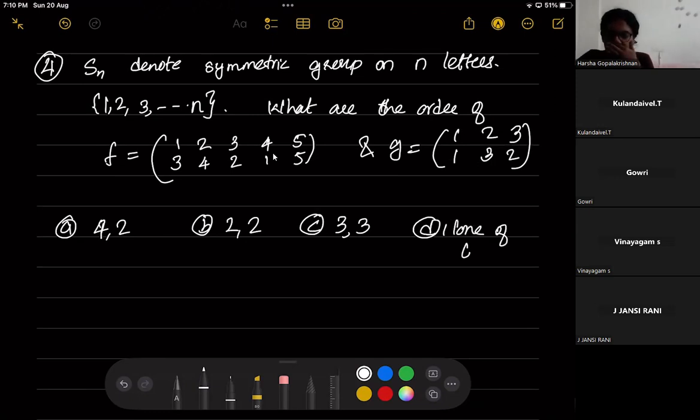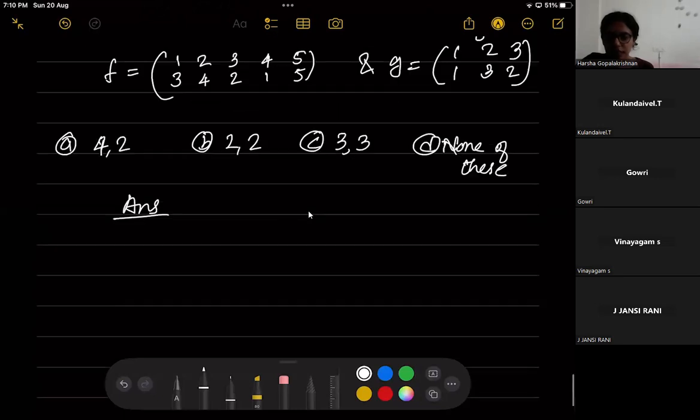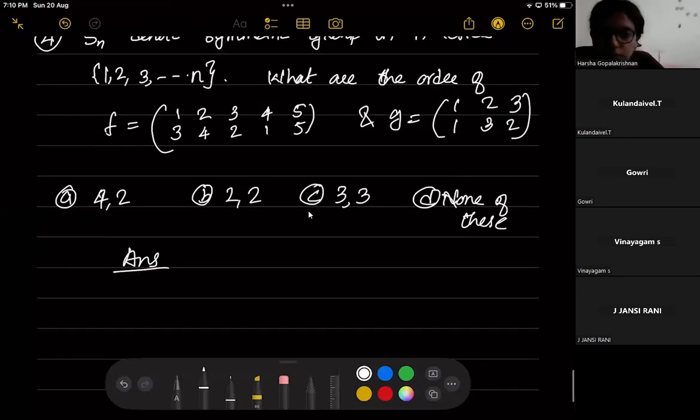So you can see the two permutations F and G. Can anyone say what is the order of F and G? What is the correct option? Take 1 or 2 minutes and go through F and G very quickly. I guess it is 4-2, madam.